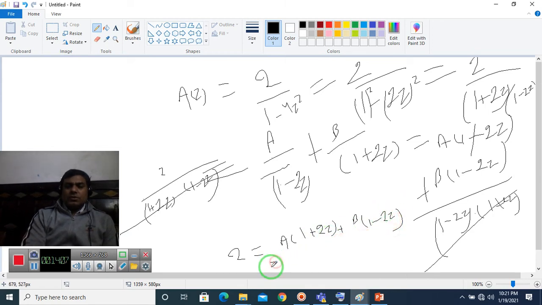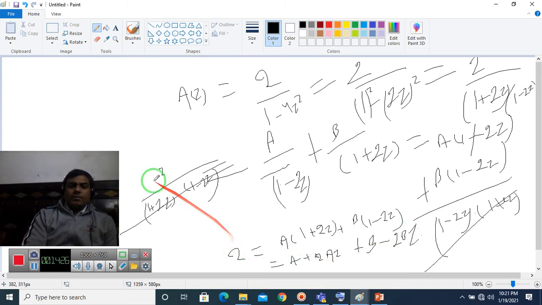You should multiply like this: a, 2a into Z, plus b minus 2b into Z.